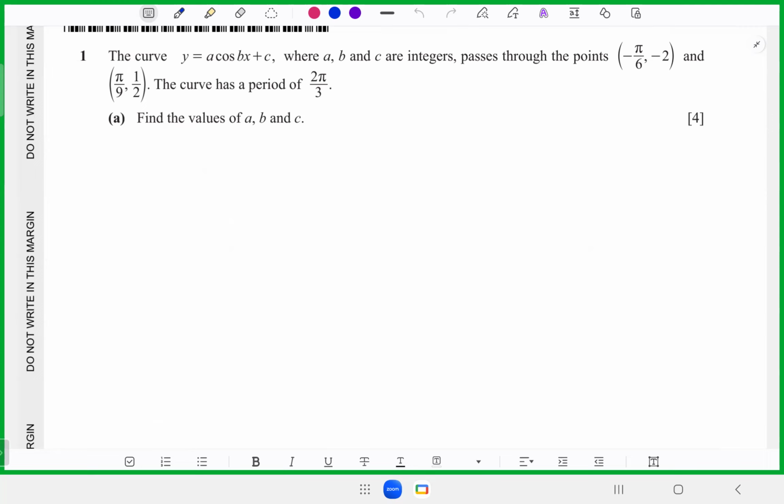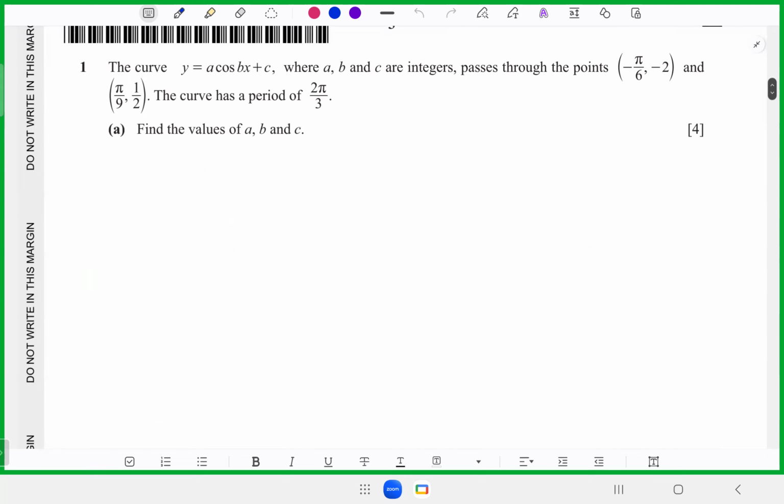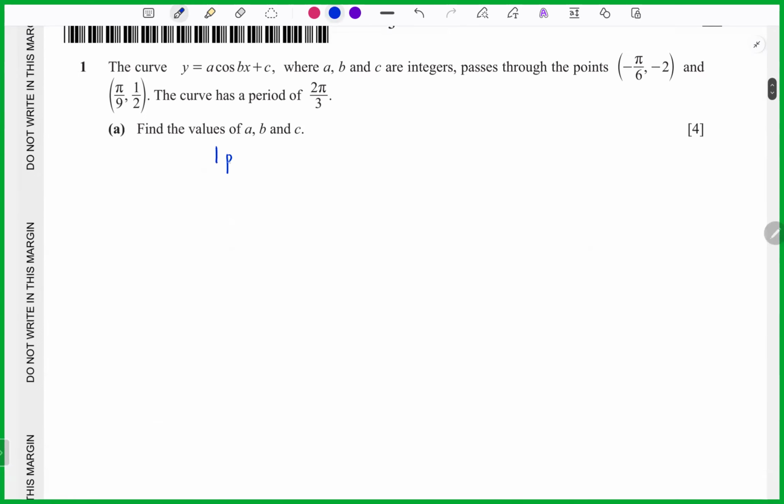For cos, we know one period is 2 pi, right? So you can take bx equals 2 pi. And the question also says the curve has a period of 2 over 3 pi.